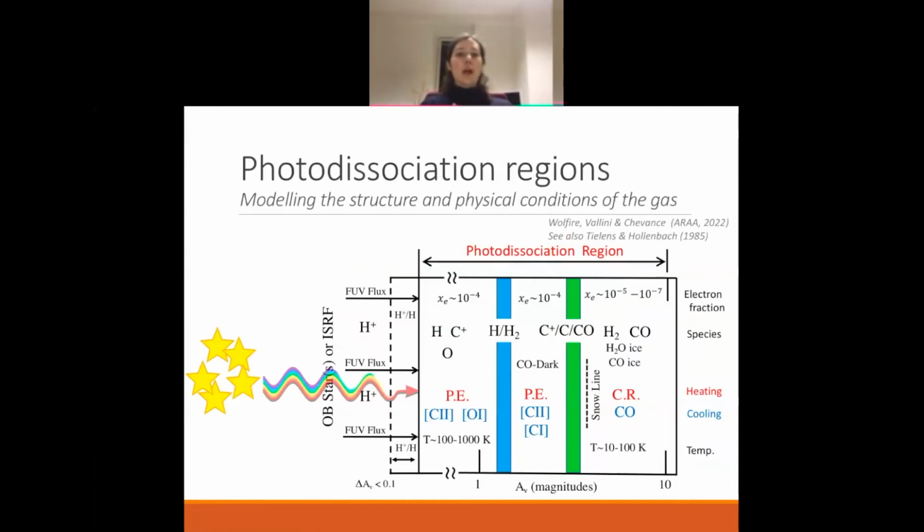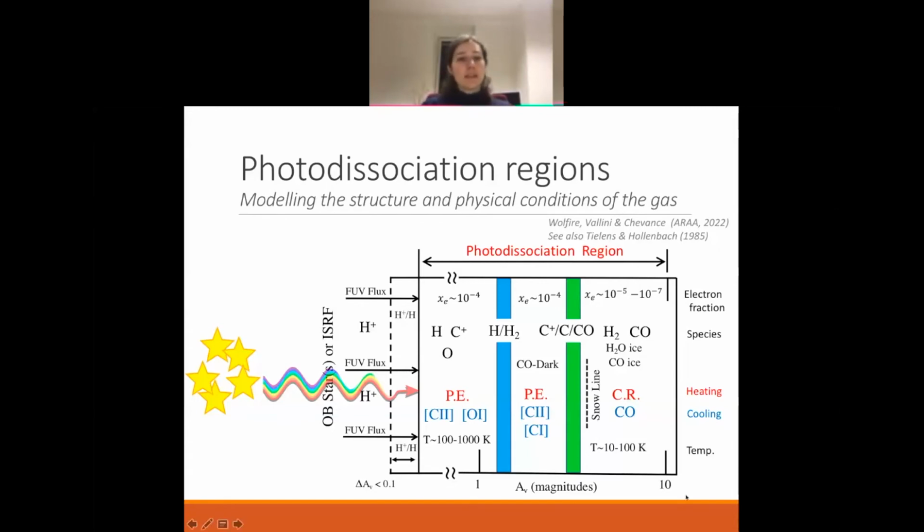Now let's move on. So we've seen a couple of diagnostics for the conditions of the ionized gas. Now let's continue to the neutral gas, or the photodissociation regions. Photodissociation regions, or PDRs, are regions where the heating and the chemistry are dominated by UV radiation.